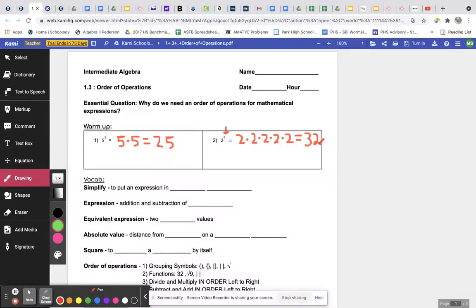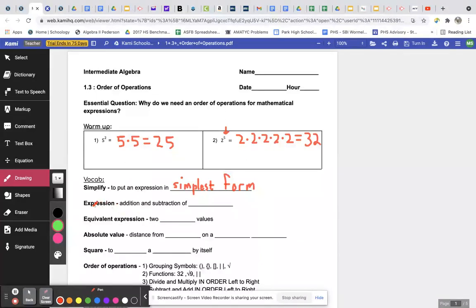There will be some vocabulary that will be important, just like every other subject. Our vocabulary here is going to be just as important in math. You may have heard this term before. To simplify means to put an expression in simplest form. It just means to basically take something and make it look prettier, put it in a simpler form.